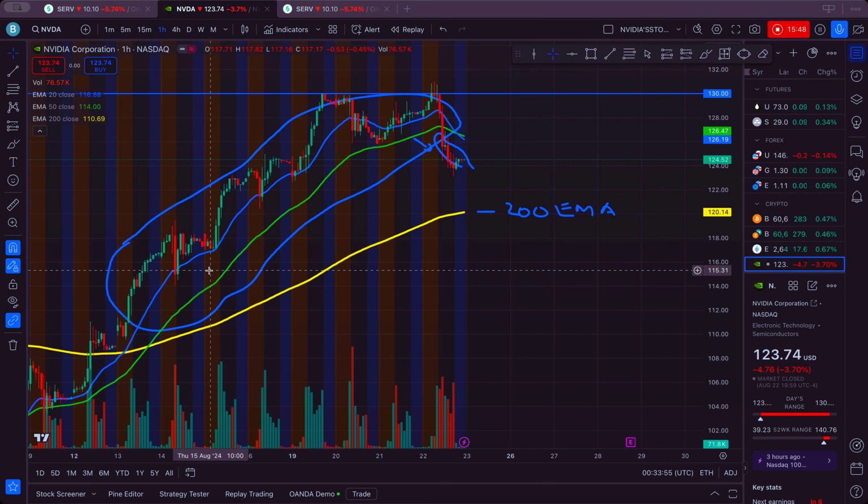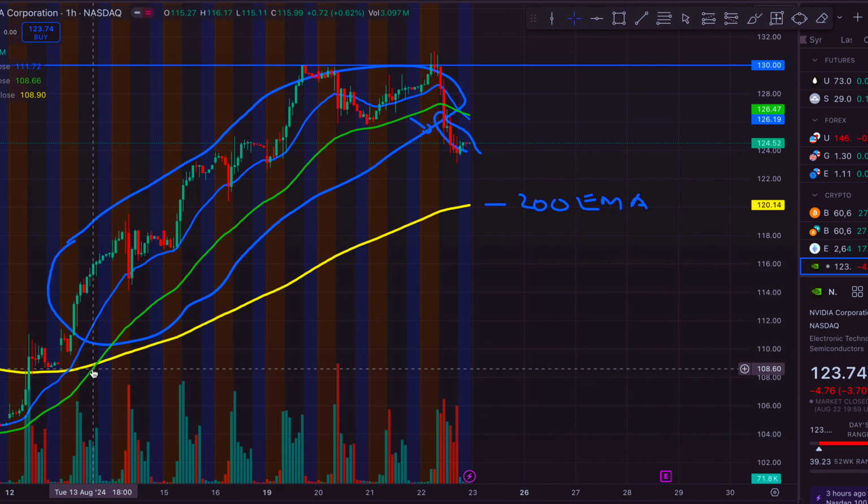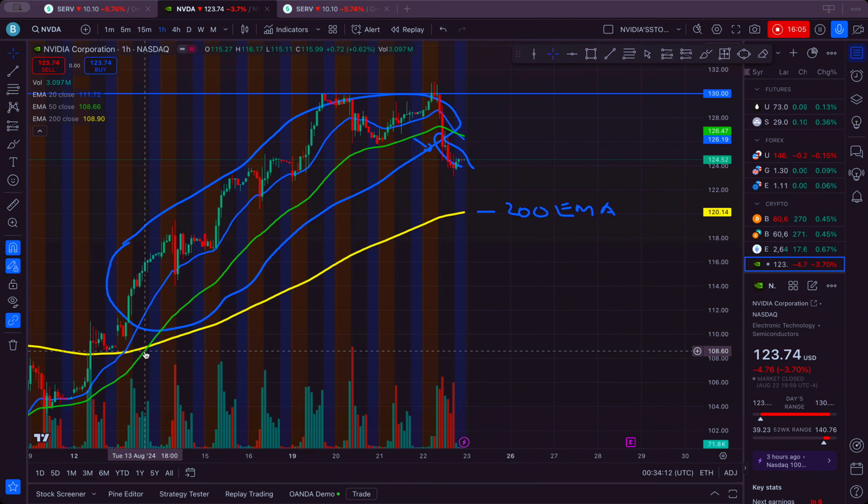So the 200 exponential moving average often acts as a dynamic support and resistance. This is very important. This is what makes this indicator one of the most important, because the 200 EMA often acts as a dynamic support and resistance.